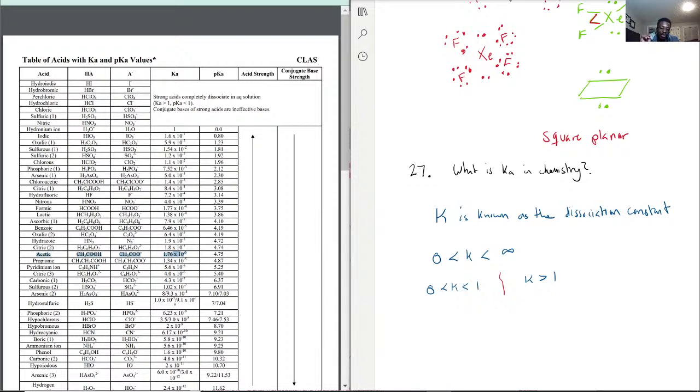That means the dissociation constant is greater than 1, in the sense that when you put it into a solution, it likes to fully dissociate, and with all the competing factors in the solution, it still prefers to be apart. That's typically what a dissociation constant greater than 1 means, okay?